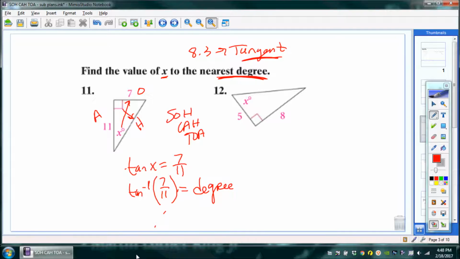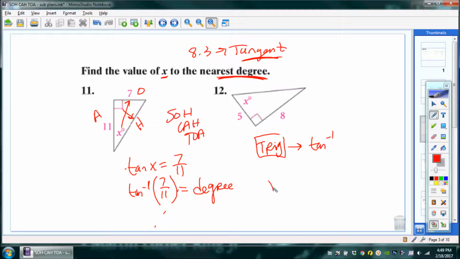So to find that, depending on what calculator you have, you can either do second, then your tangent button. If you have a trig button, and some scientific calculators, keep going until you see tan to the -1, which we call the inverse tan. So we do the inverse tan of 7 divided by 11.